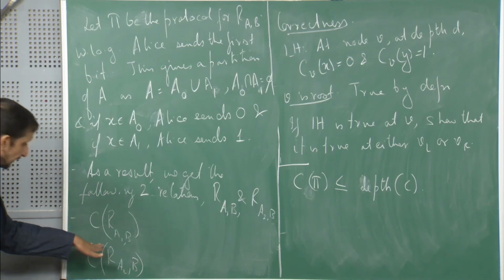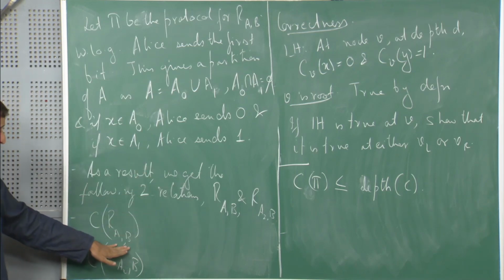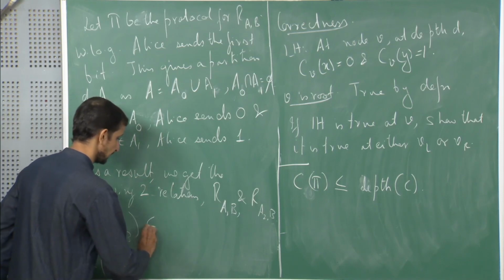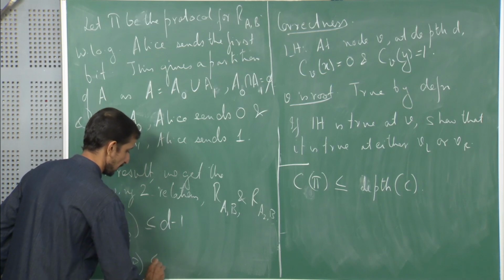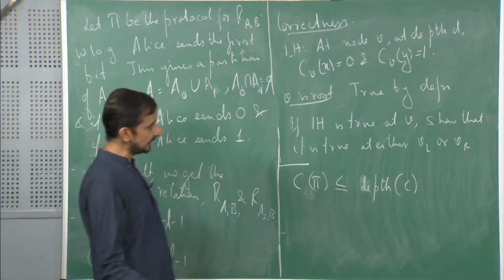Well, because already one bit is communicated, the communication complexity of these two relations is at most d minus 1.